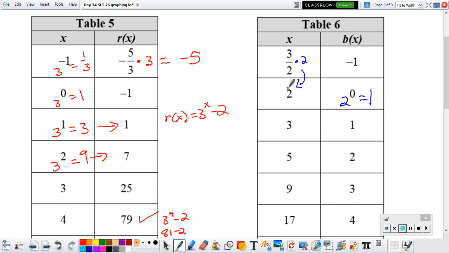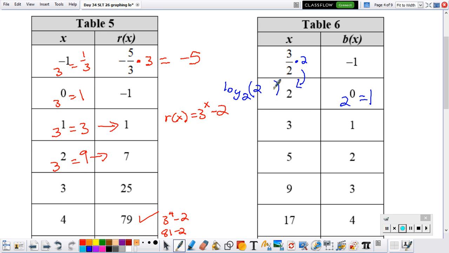So if this is going to be my argument because it's going to be log base 2 of something, and I know that this is my exponent, 2 to the 0, I need to make this my argument so that I would produce this exponent. The argument here really needs to be 1. So let's think. If I have log base 2 and there's a 2 here, and I've got to do something so I get a 0 here, well, log base 2 of 2 would be 1, and it's supposed to be 0.